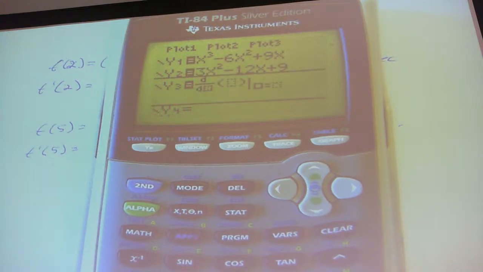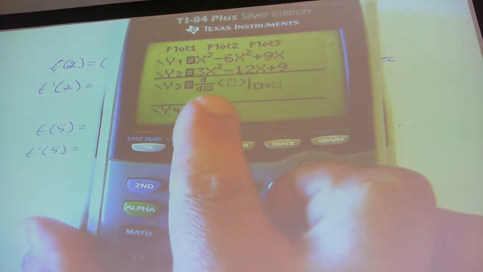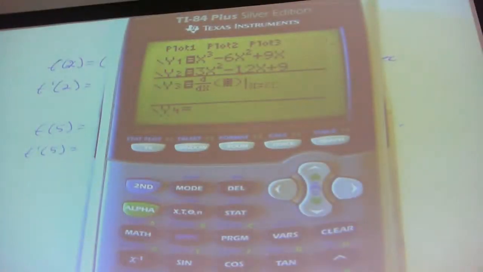If your calculator looks like mine, d over d something, then I'm going to teach you how to do it. If your calculator says nDeriv is blinking, I'll show you that too. If your calculator looks like mine, the first thing you have to put in is an x, because you're taking the derivative with respect to x. And then the next thing you plug in is, what are you taking the derivative of? You're taking the derivative of the original, right? Where's the original? y1. So how do you tell the calculator y1? Write down the steps. Vars.